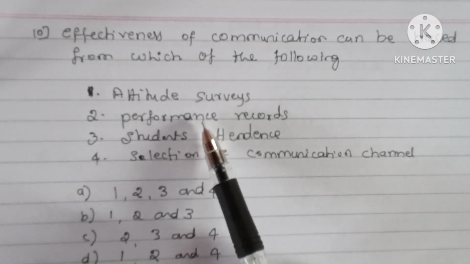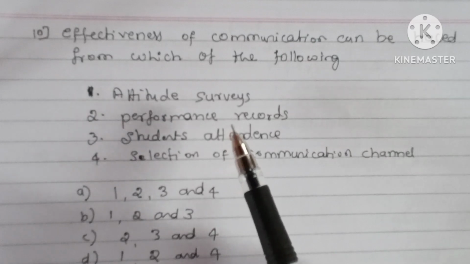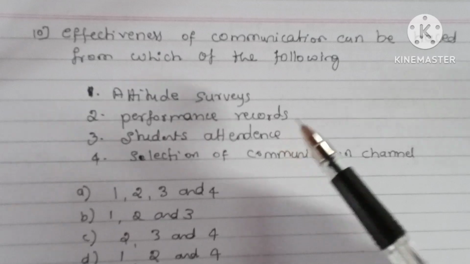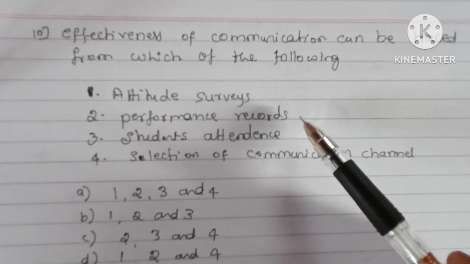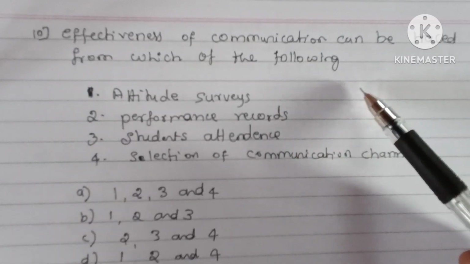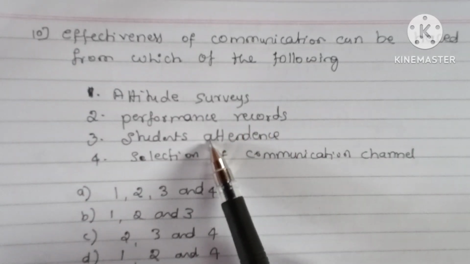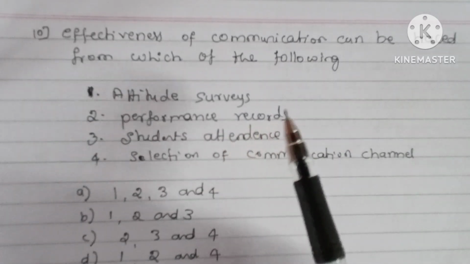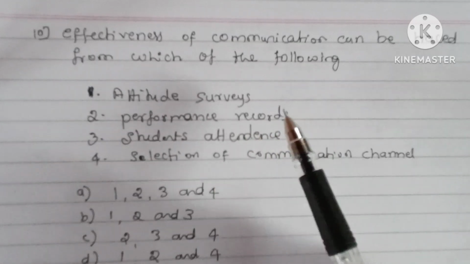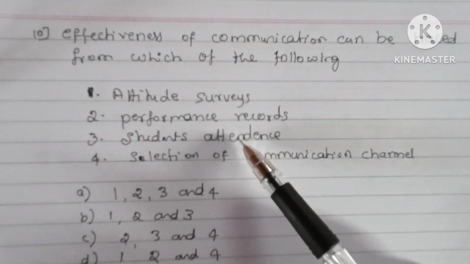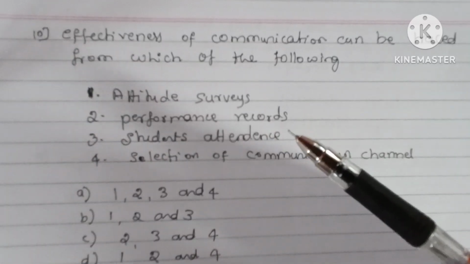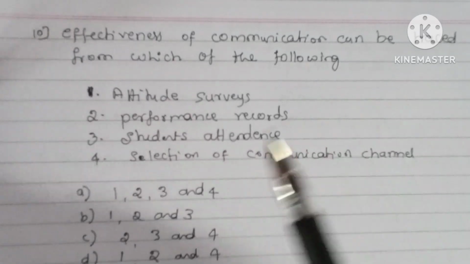Performance records such as grades and report cards provide insight into student progress and help the parents and teachers make improvement decisions. Next, student attendance improves when schools engage students and parents in positive ways, when schools provide mentors for chronically absent students.